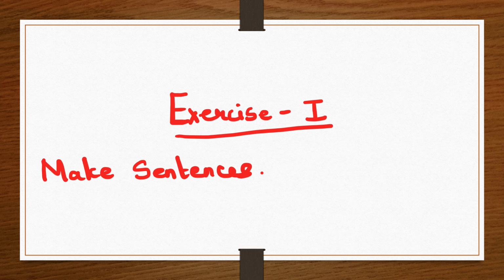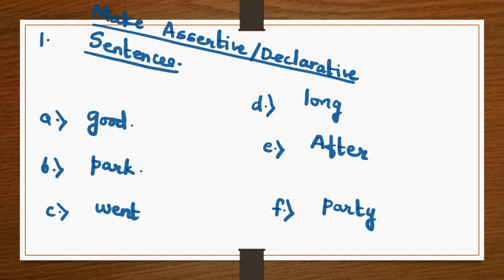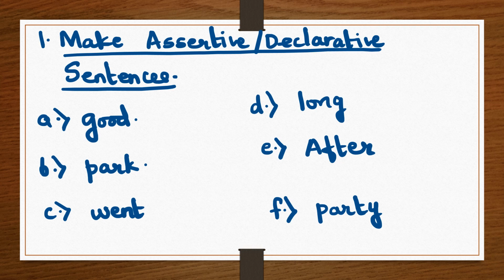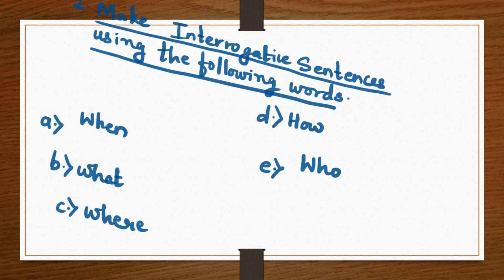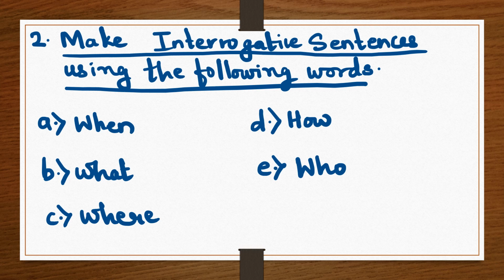The first exercise is to make sentences. We have to make different sentences. So we have to make an assertive or declarative sentence with these words: good, park, went, long, after, party. The next is make interrogative sentences using the following words: when, what, where, how, who.